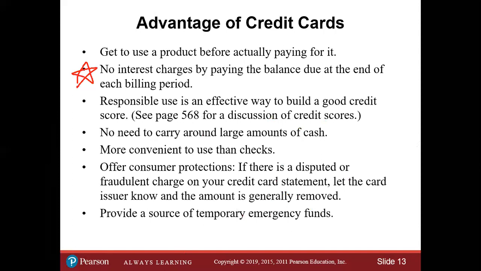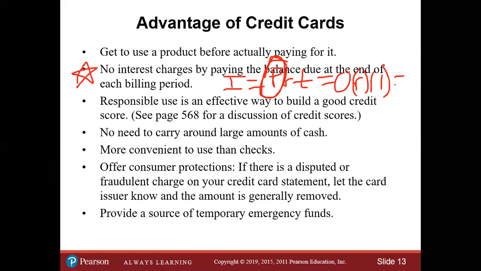If it's I equals PRT, and the P is the amount owed on the loan, if that is zero, then you have 0 times the rate, whatever your rate is, times the 1 month.